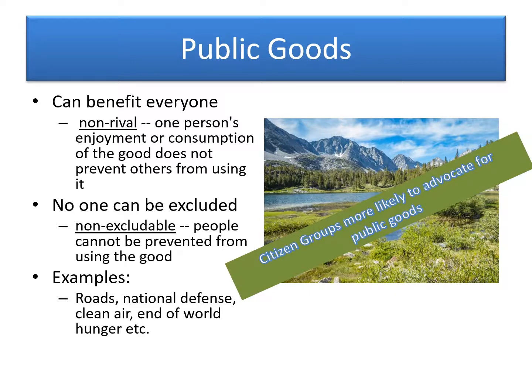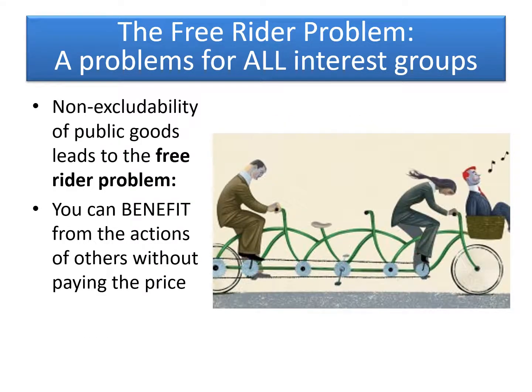And that actually presents a big problem for citizen groups. It's a problem that all interest groups share, but it's one that falls heavier and is a heavier burden on citizen groups. And that is the free rider problem. The fact that the outcome of lawmaking in general is usually non-excludable means that people who support a particular perspective and would benefit from it can benefit from it if other people spend their time and money advocating for it, and that person, the lazy person, doesn't.